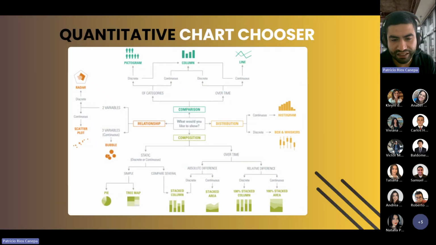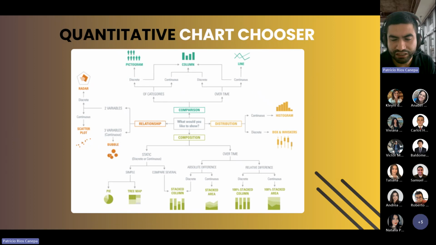Also, guys, we need to understand that what I've just shown you is not the whole skill set that we can use in terms of what we would like to show. We talked about comparison with bar charts. We talked about relationships between two or three variables, but we also need to look at composition, as I mentioned, and we also need to know the distribution of, say, your yearly sales, how your most performing products are distributed.